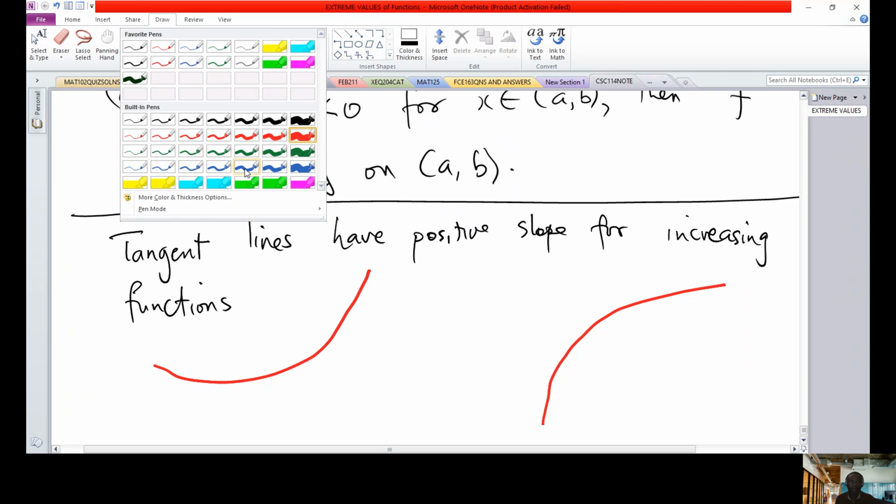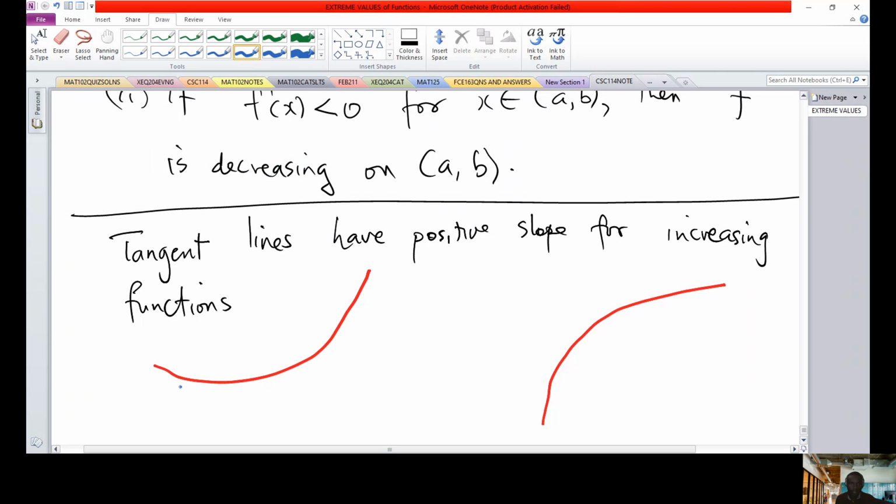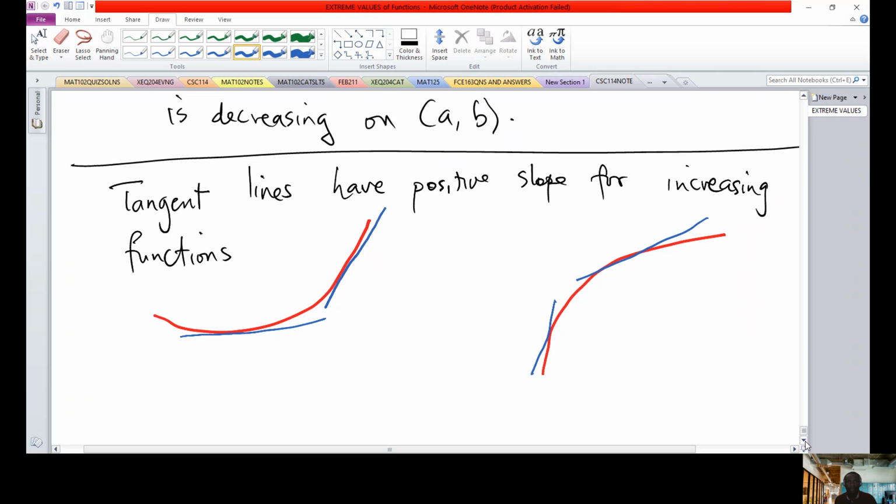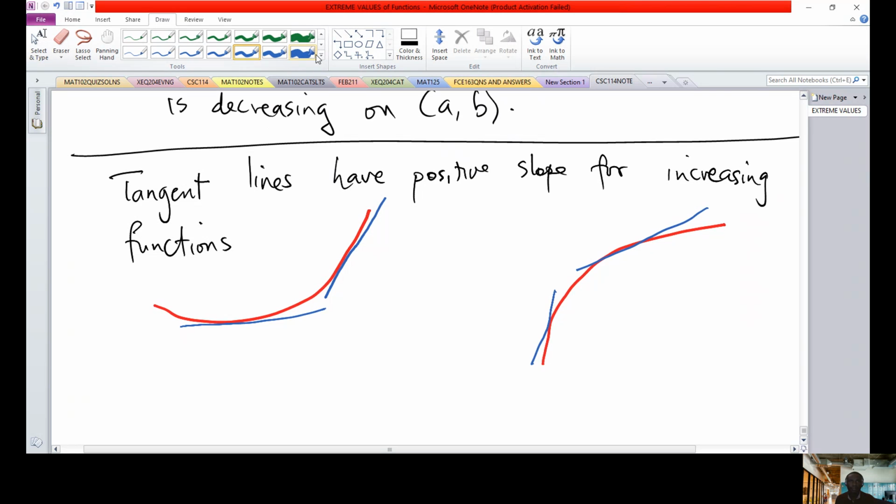If you draw a tangent here, you draw a tangent here, you draw a tangent here, and then another point.